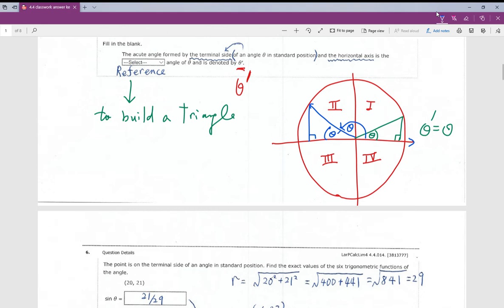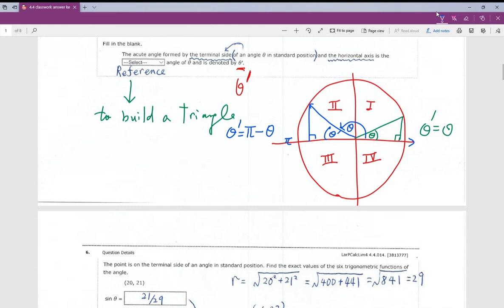In this case, your reference angle is pi minus theta. This is pi, the whole angle, half of the circle is pi. So pi minus this angle, the rest will be the reference angle.